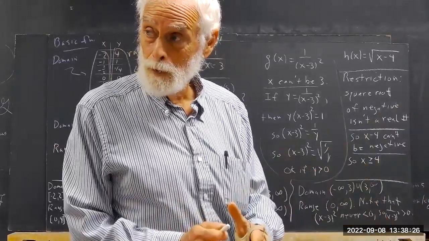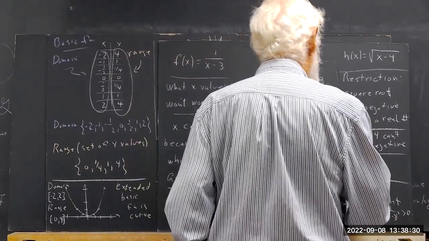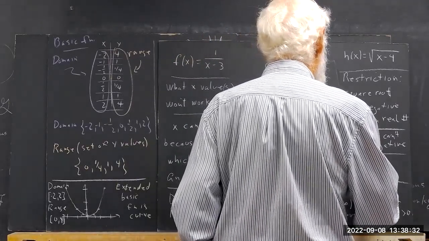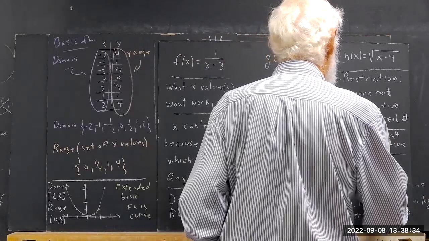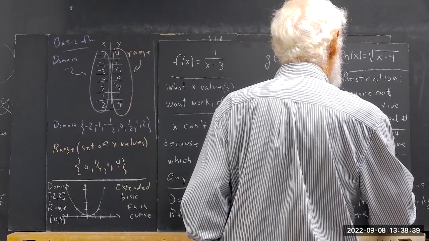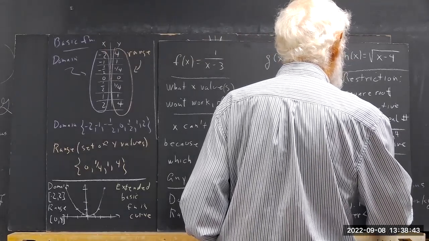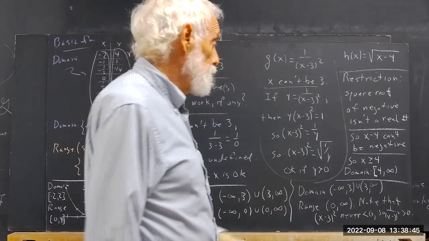Any number less than 4 will give you a negative. The domain is then [4, ∞). Of course, 4 is included, as we just said.